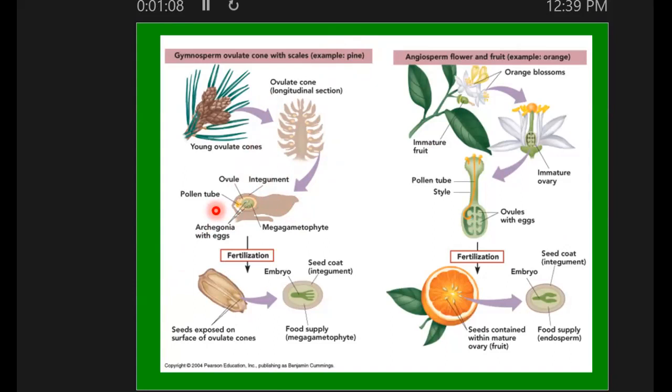You get that functional megaspore, which divides and grows into the megagametophyte. So here you see the megagametophyte showing up, and if everything goes okay, you'll have the pollen cones producing pollen, fertilization, and then you'll get, hopefully, 2 seeds going up on each scale. So they're naked seeds because they're just sitting on top of the scale of the cone.